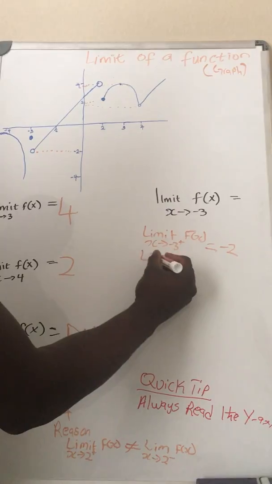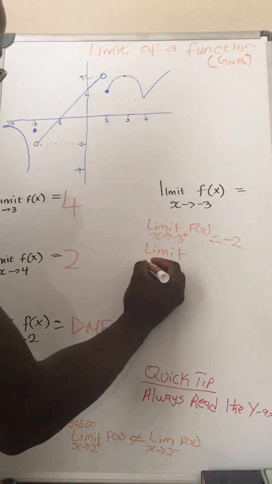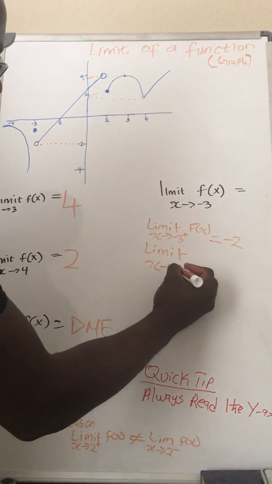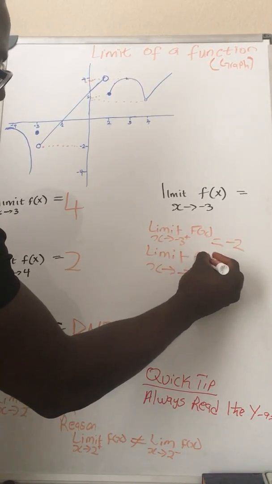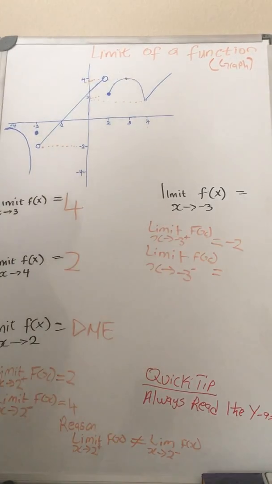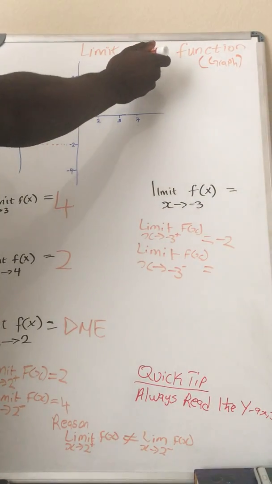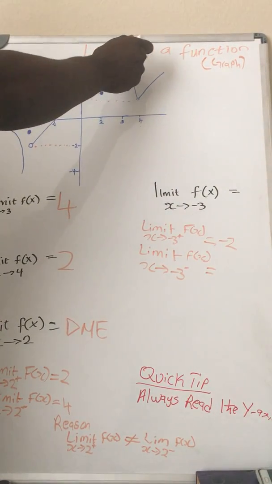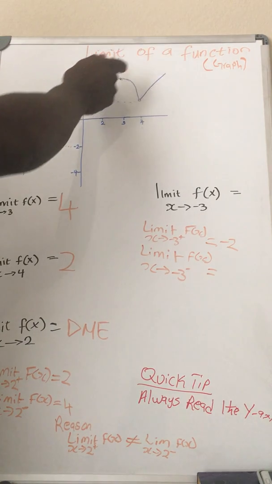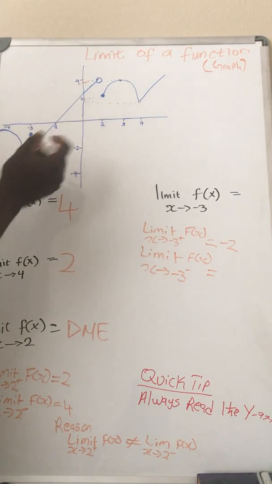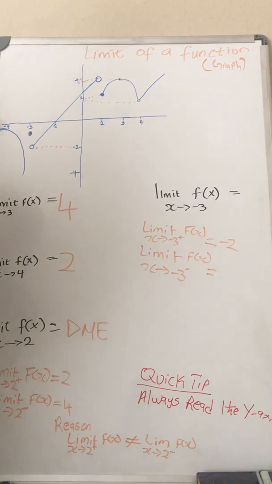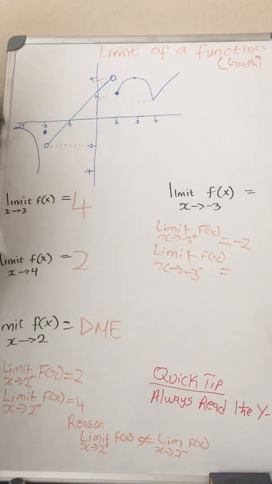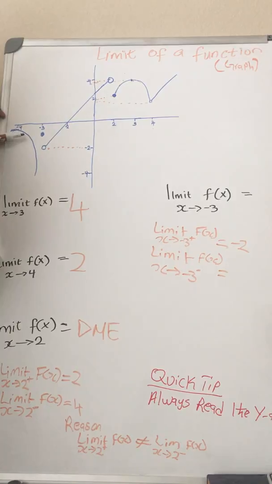And the limit as x approaches -3 from the left of f of x. We already looked from the right; the y-axis is -2. And from the left, you have to come from the left.